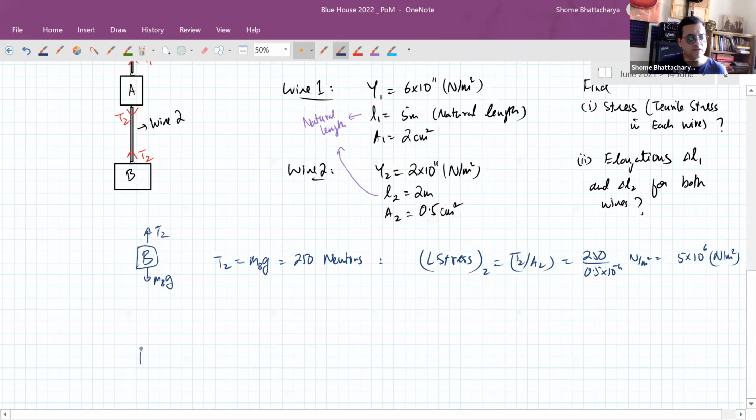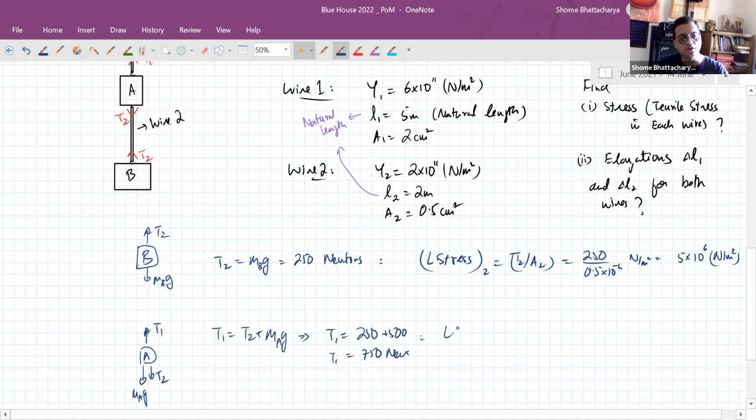Now you look at the free body diagram of block A and you will understand that T1 is going to be T2 plus the weight of this block. So you see that T1 will become 250 plus 500 or 750 newtons.